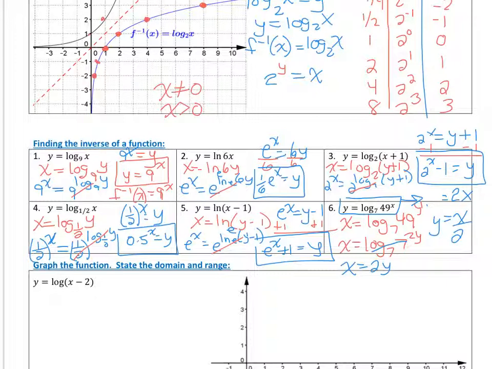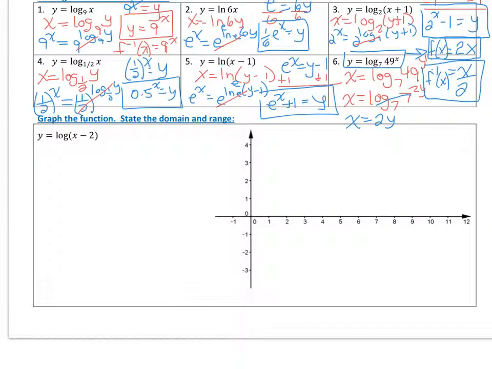This is the original function f of x. It's linear when you simplify it. And the inverse function is x divided by 2. These are inverse functions of each other, and they're linear.